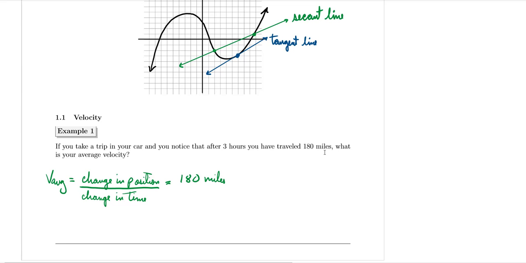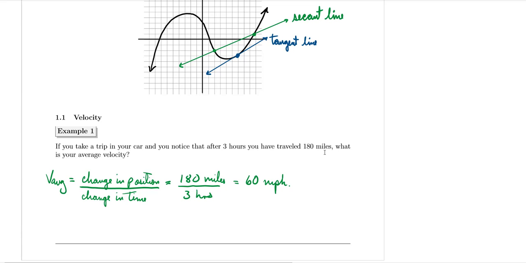So what was the changing time? Well, you drove for 3 hours, so your changing time here is 3 hours. So what is your average velocity? Well, 180 divided by 3 is 60 miles per hour. So you were keeping a good speed here, assuming you were traveling on the freeway. Hopefully not through the streets at this speed.